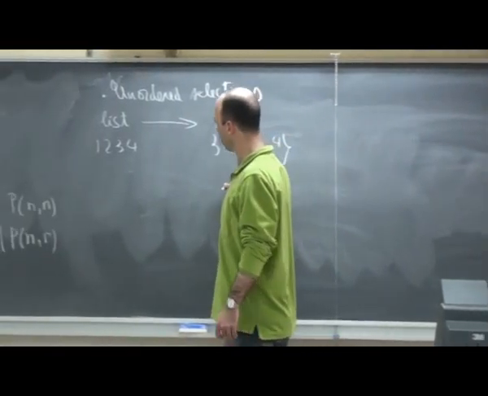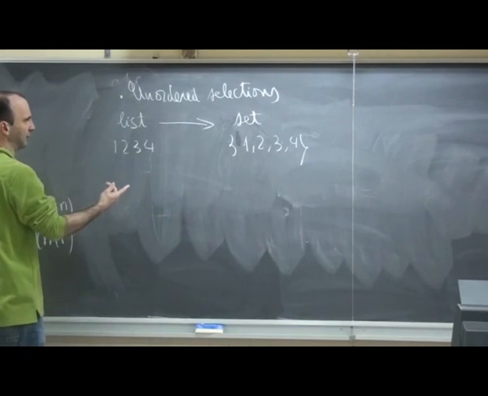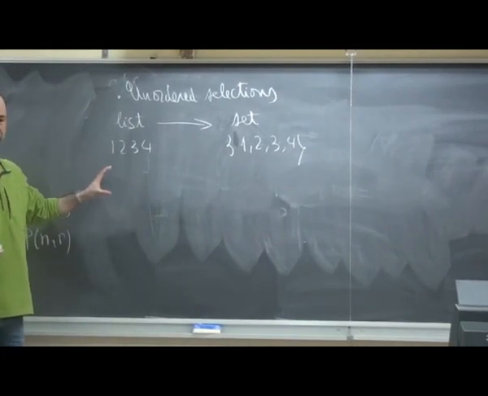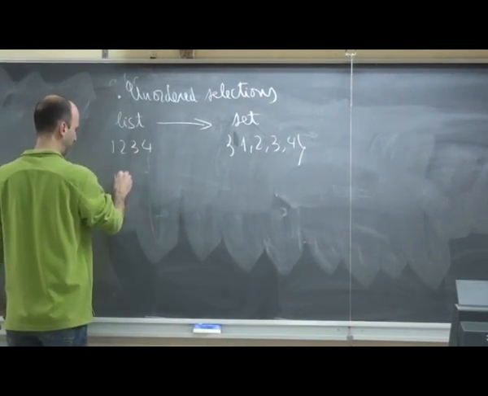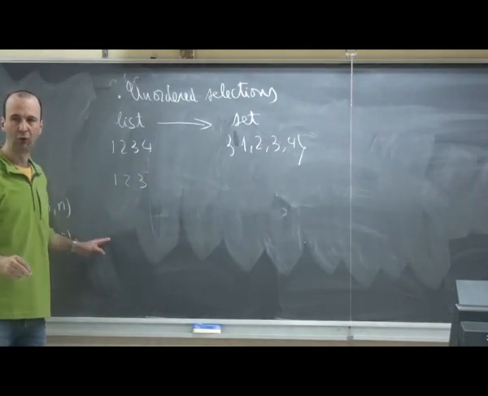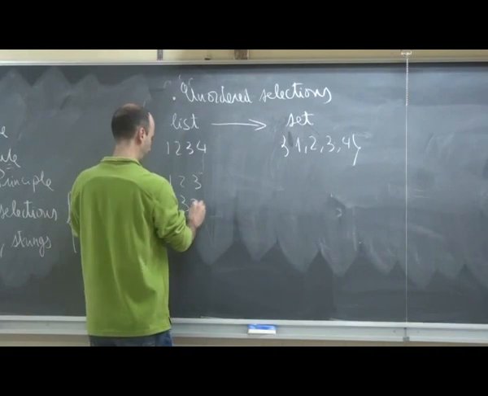So, okay, here I want to remove the order. Let's see how to do it. Suppose I have 1, 2, 3. I'm going to list all the possible permutations from this set.